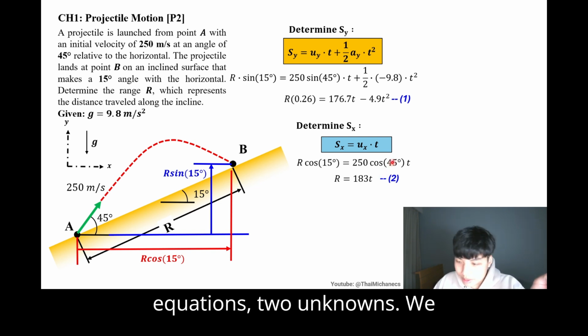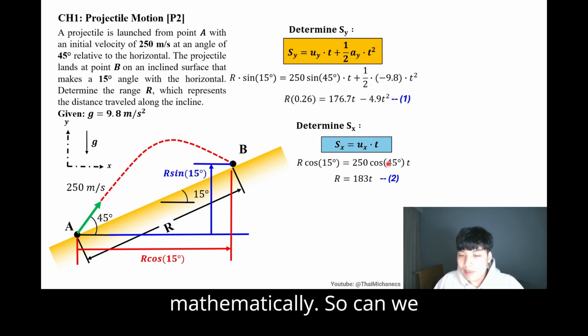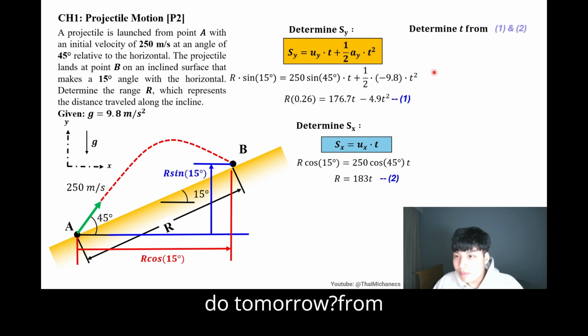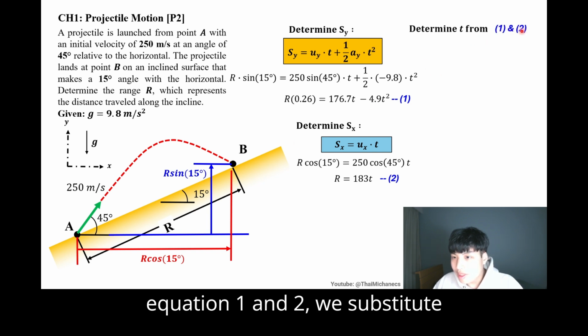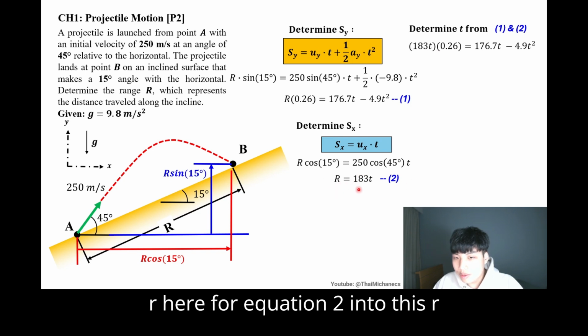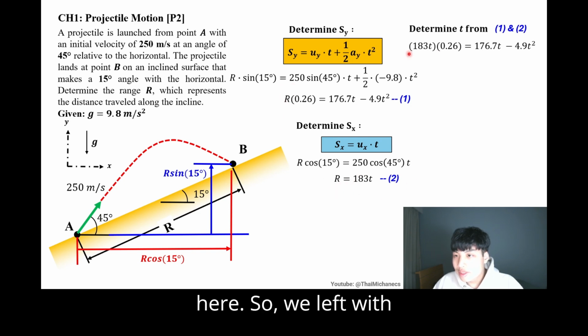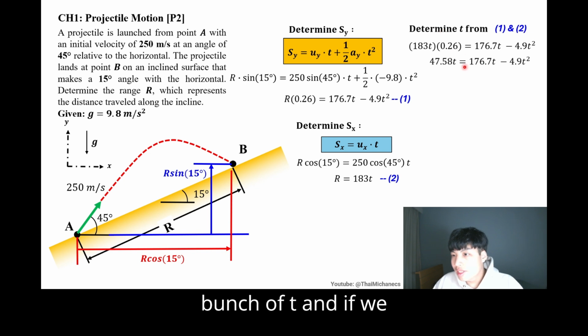So two equations, two unknowns. We should be able to solve this mathematically. Can we determine t from equations 1 and 2? We substitute r from equation 2 into the r here, so we are left with this equation with a bunch of t.